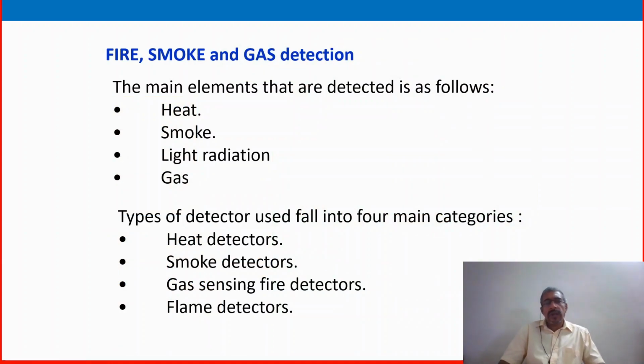Let us go into detail on the fire and gas system, fire, smoke and gas detection. The main elements detected are heat, smoke, light radiation and gas. These are the ways we can find out whether there is a gas leak, smoke formation, light radiation or heat generation near the various equipment.